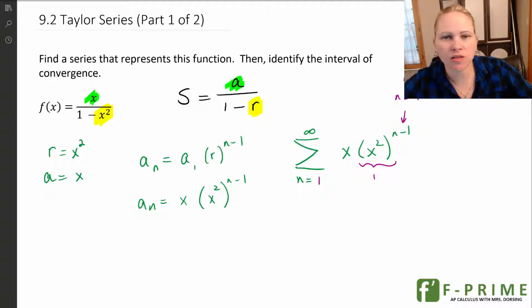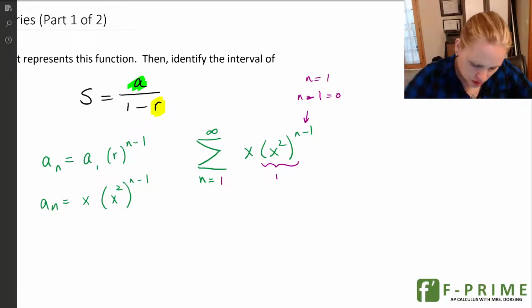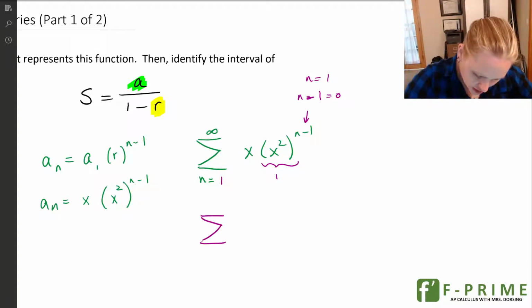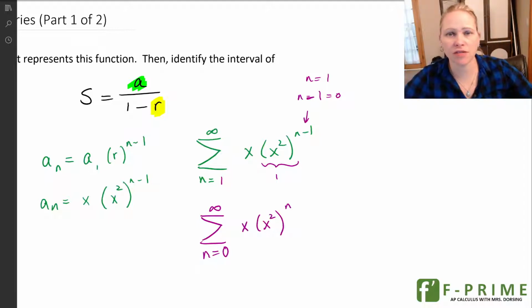That's all well and good, except that most of the time with these geometric series, they start at n equals 0. So I'm going to adjust: if I change the exponent a little bit, I can make it n, and then I can start my series at 0.